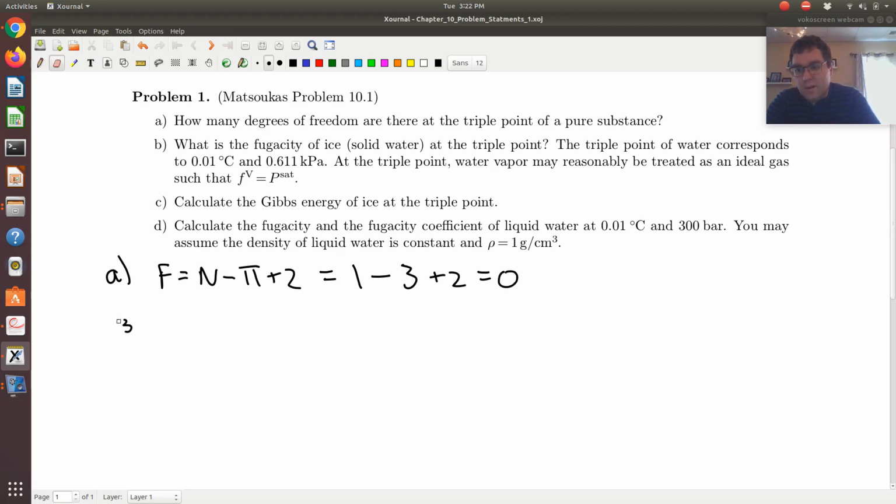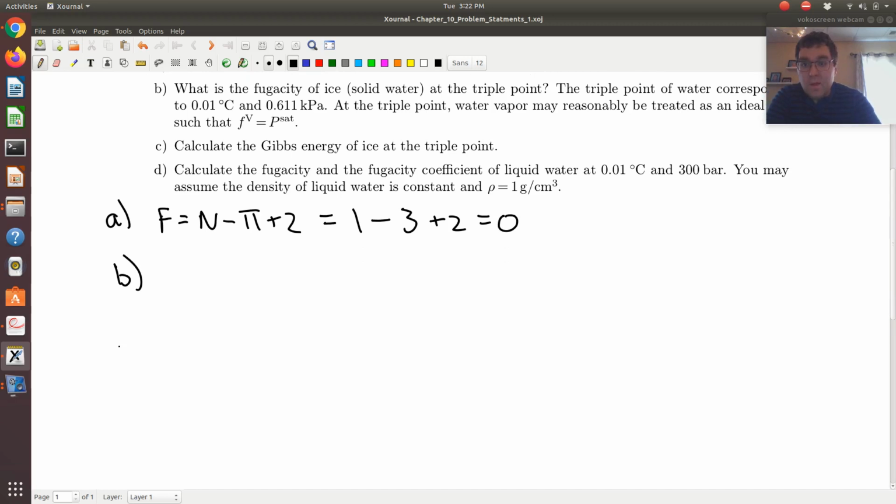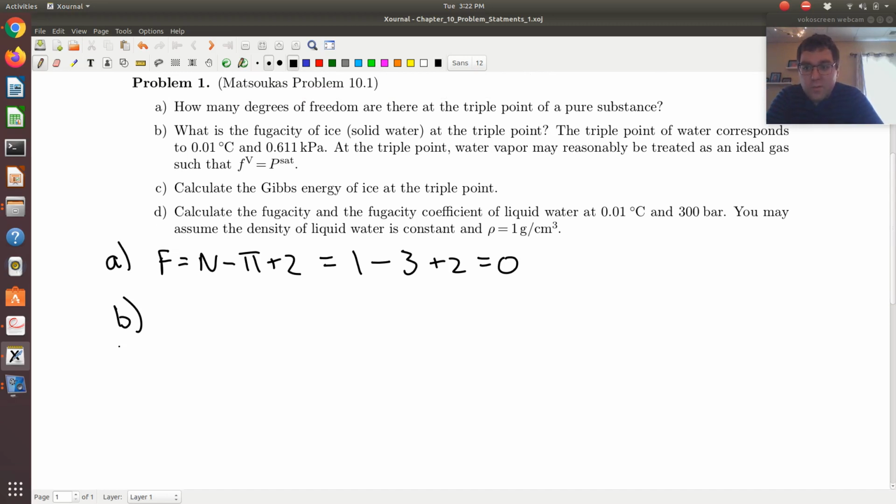All right, let's take a look at B. It says, what is the fugacity of ice, solid water, at the triple point? The triple point of water corresponds to 0.01 degrees C and 0.611 kilopascals. At the triple point, water vapor may reasonably be treated as an ideal gas, such that f^V is equal to Psat.